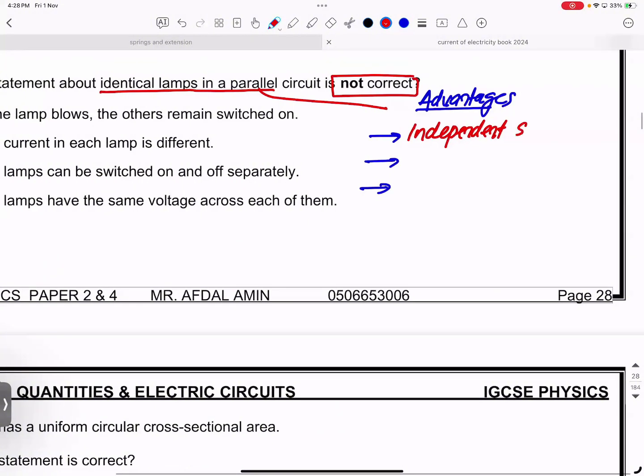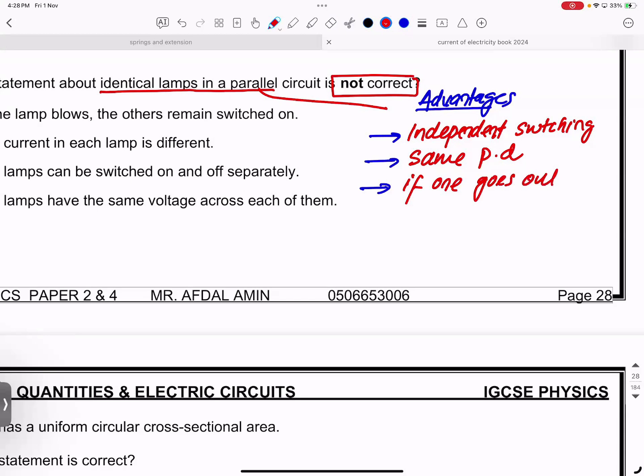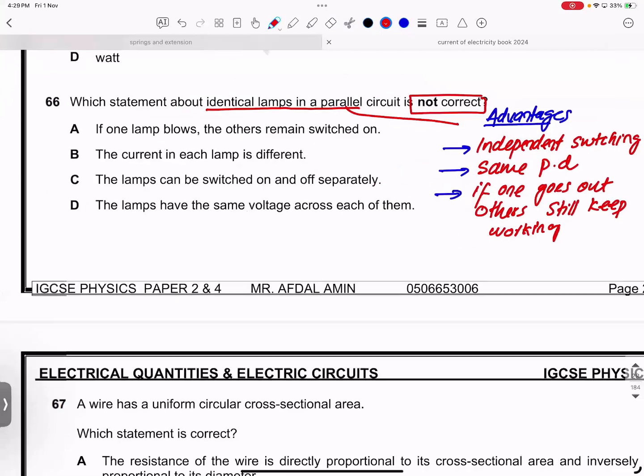Each component can be switched on and off independently. Number 2, they all get the same voltage share. Number 3, if one goes out, others still keep working. These are advantages of parallel.